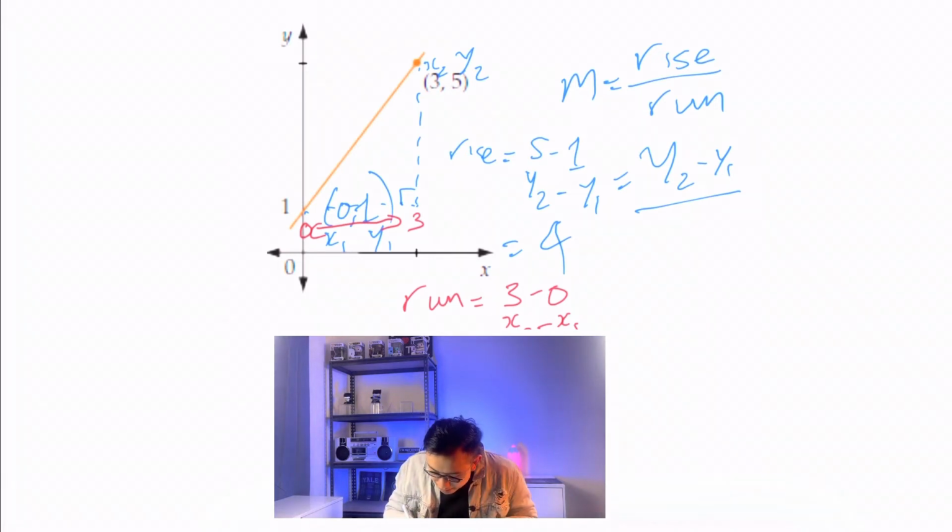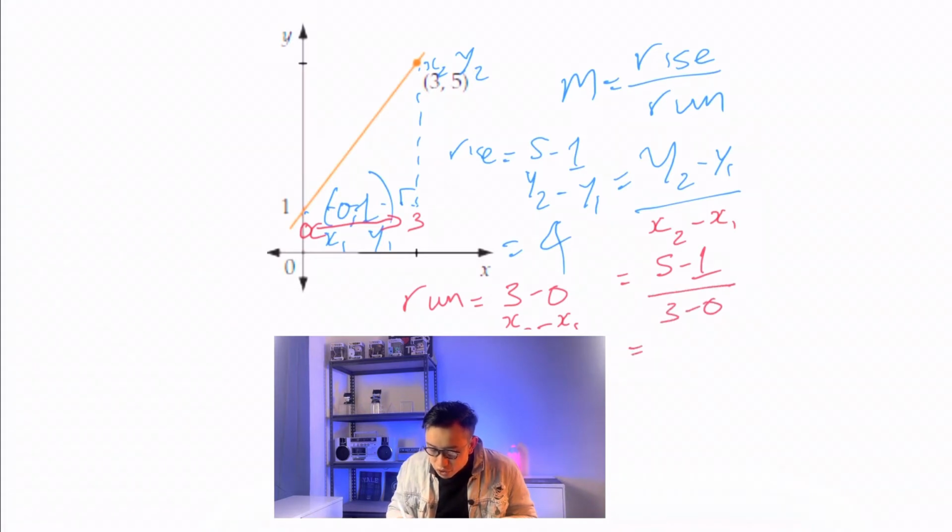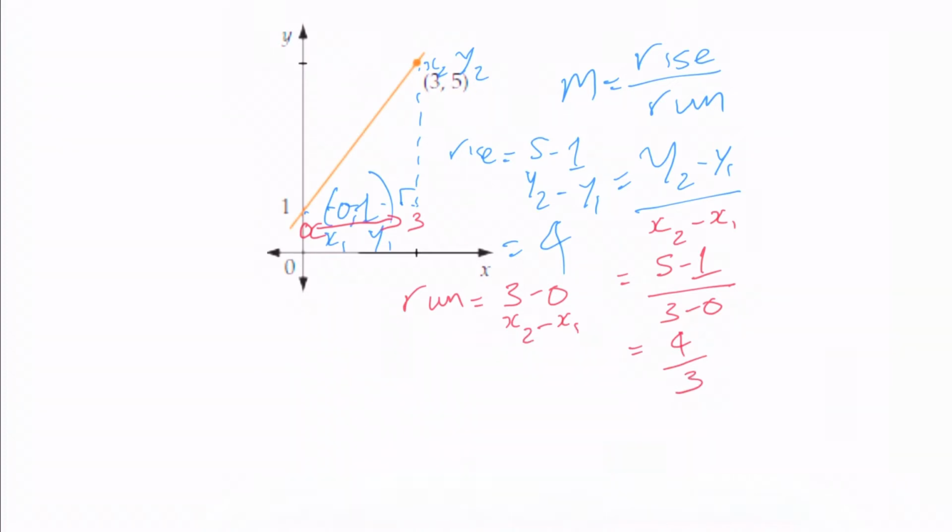So to find the run for all linear equations, it's x2 minus your x1. So if we were to sub all these values into the equation, it'll be 5 minus 1 over 3 minus 0. So you actually get here 4 over 3.